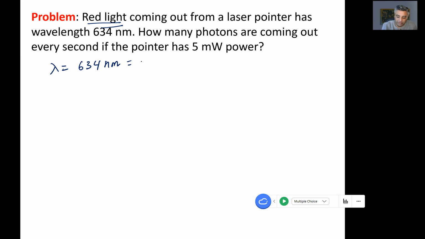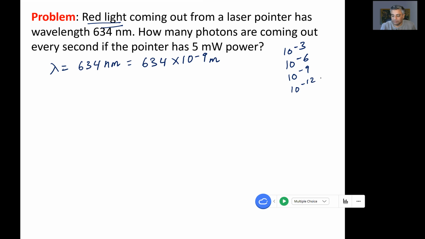So we need to convert this into meters. Nano means 10 to the power negative 9. Remember, milli means that many meters, micro means that, and then a thousandth of that is nano.